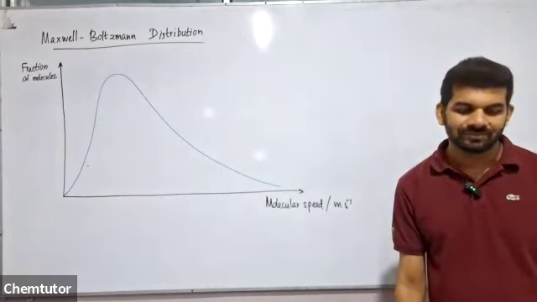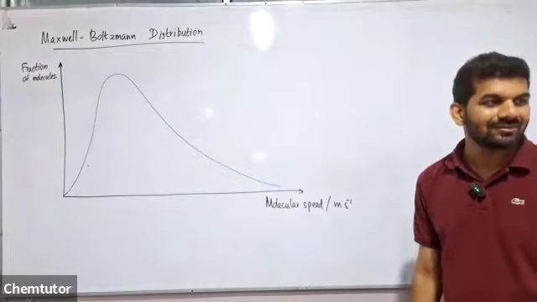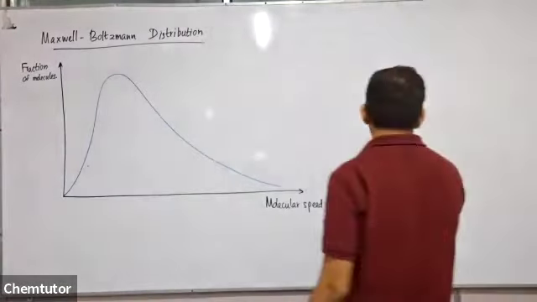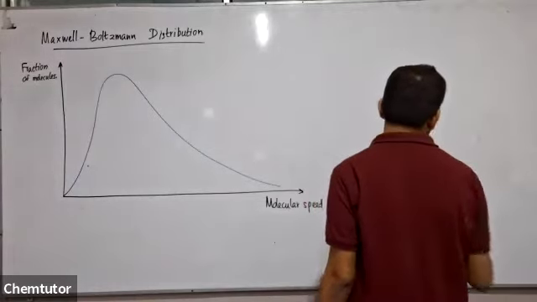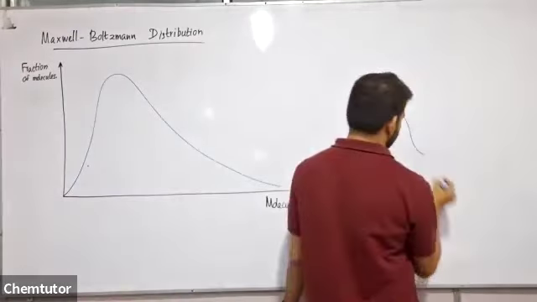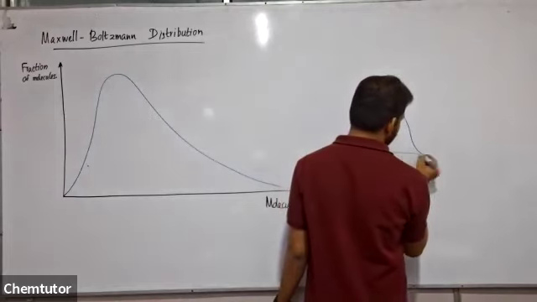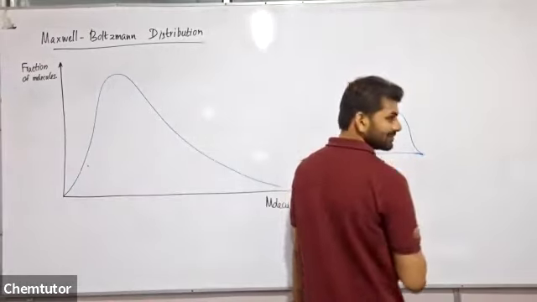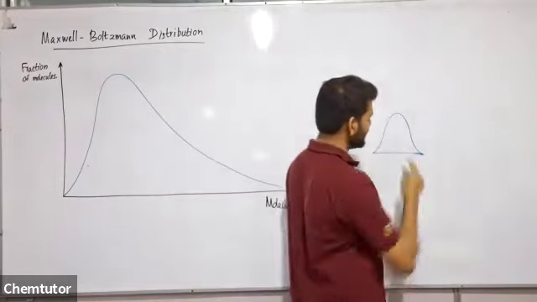A bell is like this, so this is a symmetrical one.